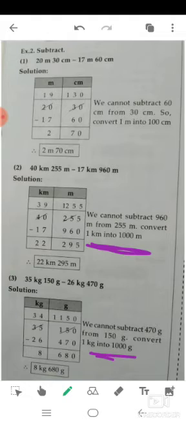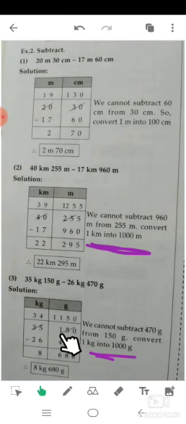So if required, I convert kg into gram. So here is 35 kg and 150 gram, and it is subtracted by 26 kg 470 gram.